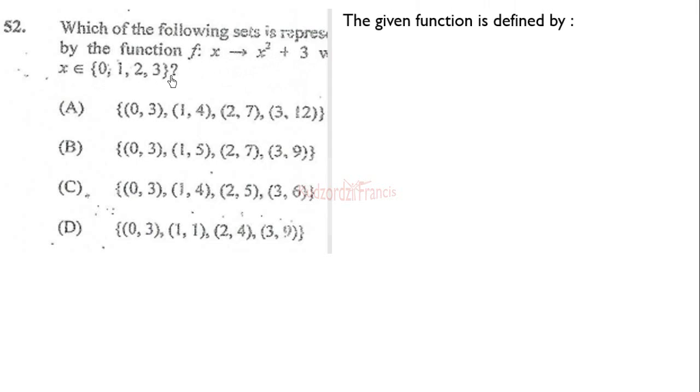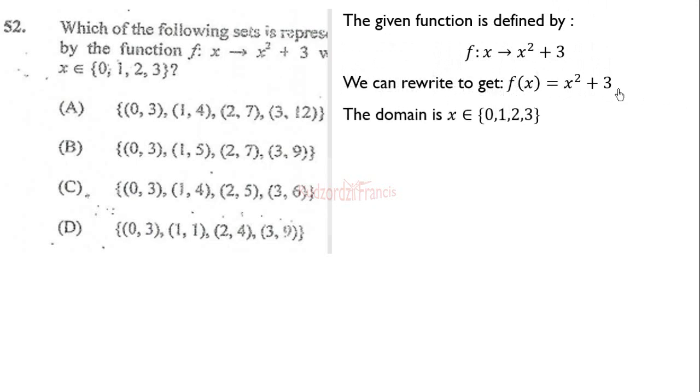We can rewrite this as f of x is equal to x squared plus 3, and the domain that is given to us is this. So we need to substitute each of these elements into this function. We want to find the image that corresponds to x equals 0.